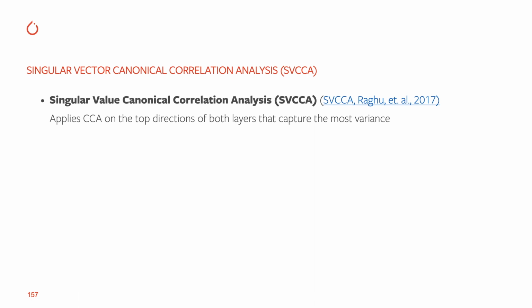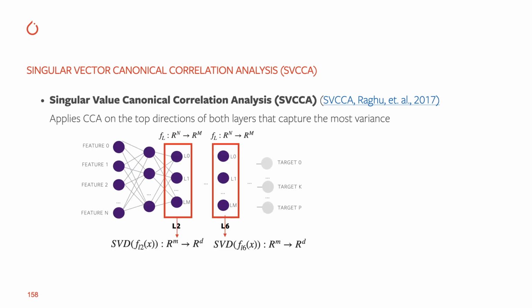SVCCA, singular vector canonical correlation analysis, is a further enhancement of CCA that applies CCA on the top directions of both layers that already capture the most variance.